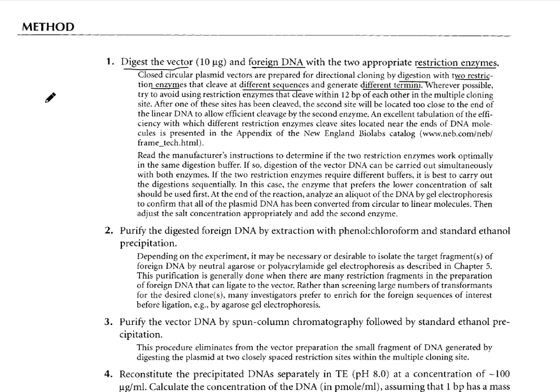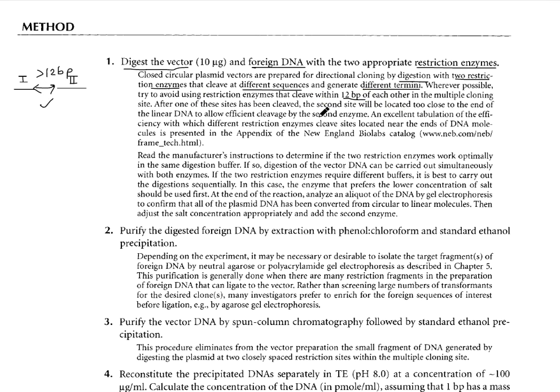Also try to avoid a restriction site which is located too close to the other; the distance should be greater than 12 base pair. So this is restriction site 1, this is restriction site 2. If it is greater than 12 base pair, then this is correct. If it is less than 12 base pair, then this site has to be avoided.